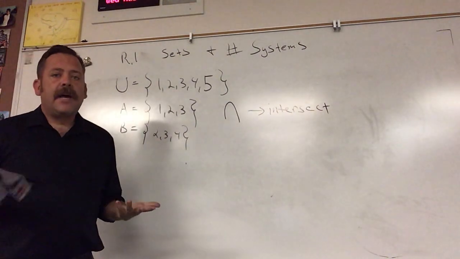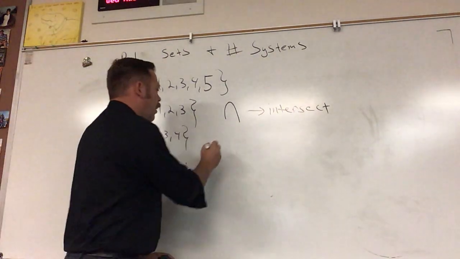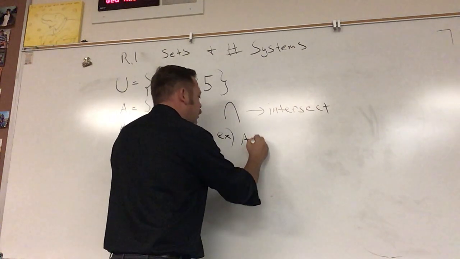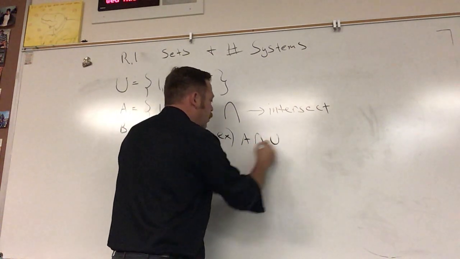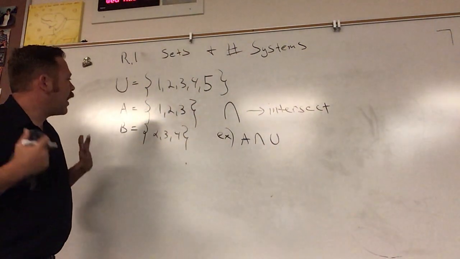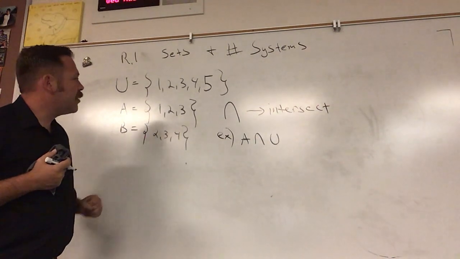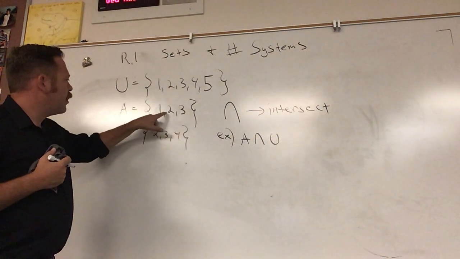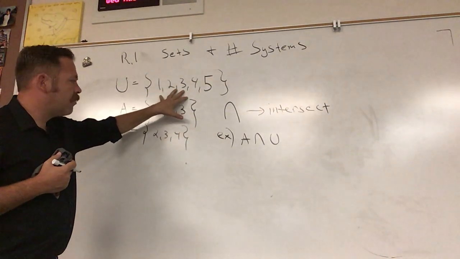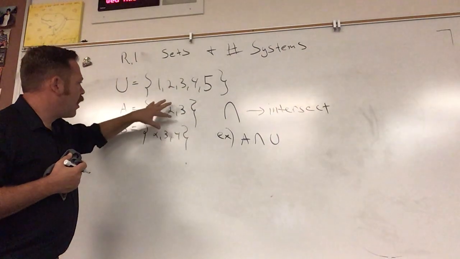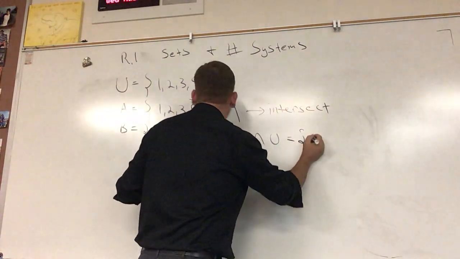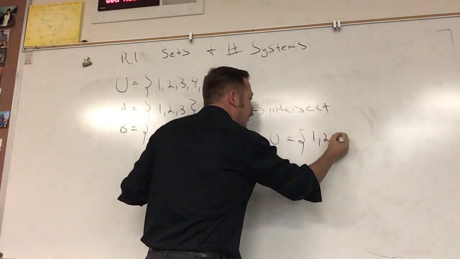So if I said, find the intersection of A and U, A intersected with U means we're going to try to find all the elements or numbers that exist in both sets. Well, I see 1, 2, and 3 here, and I see 1, 2, and 3. So the numbers that both sets share would be equal to 1, 2, and 3.